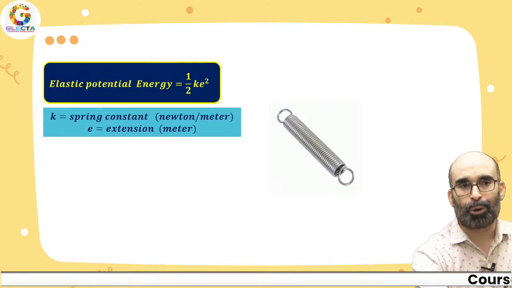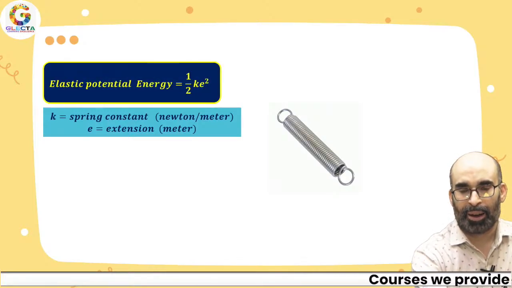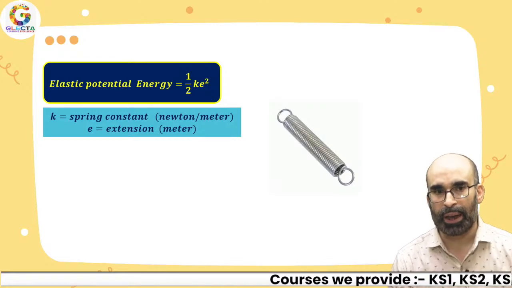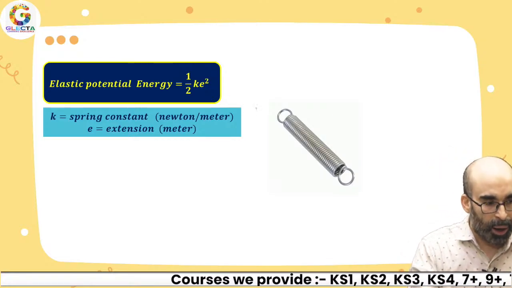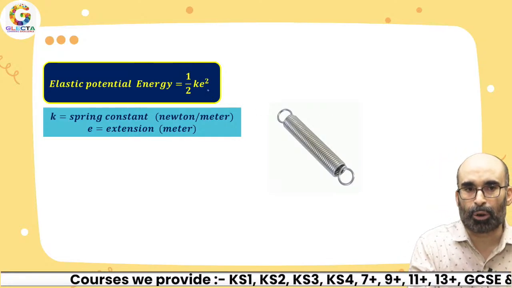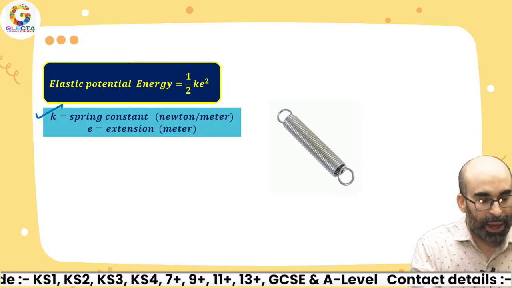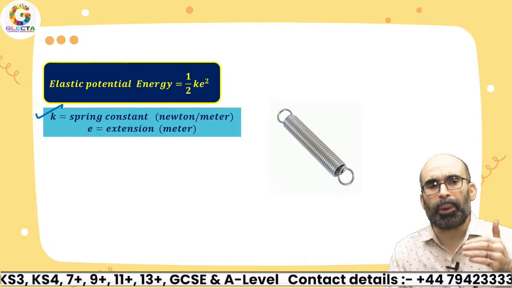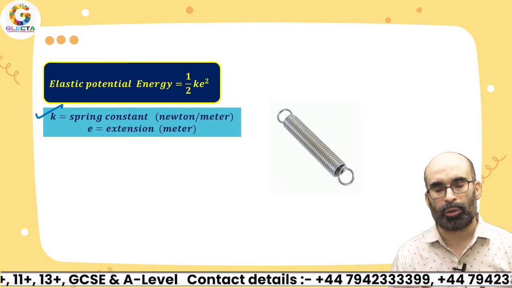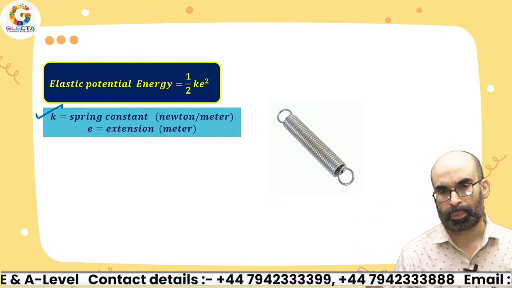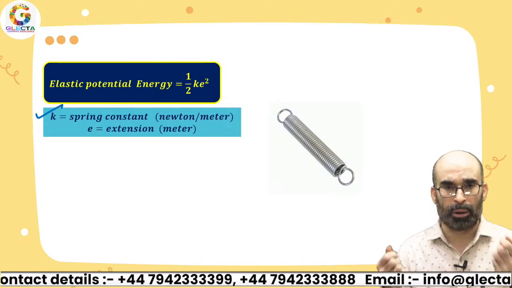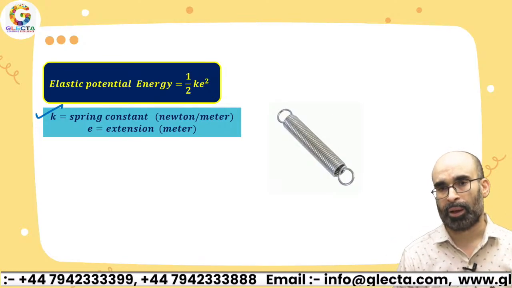So now this is the equation. Elastic potential energy is calculated as half k e squared. What is k here? k is the spring constant, and the spring constant depends on different materials. It depends on length.